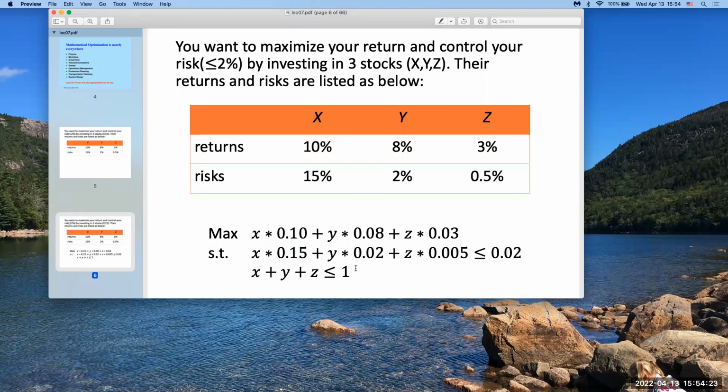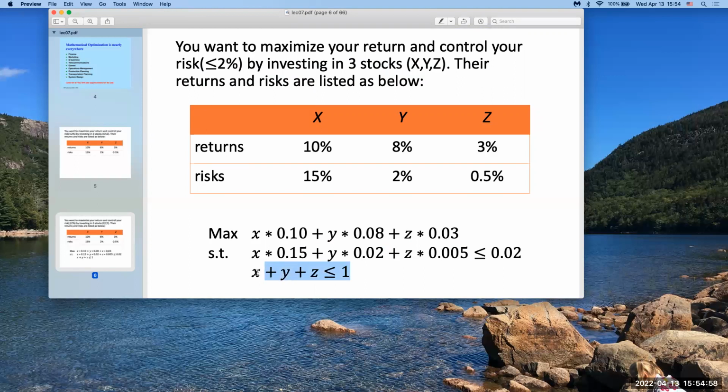And also, sometimes we don't get the constraints very clearly from the information we know. So that's time to use some common knowledge, right? For example, if we have 100%, we can decide the percentage that's allocated to each stock, right? That basically means x plus y plus z cannot exceed 100%, because if you go above 100%, you don't have the actual money.